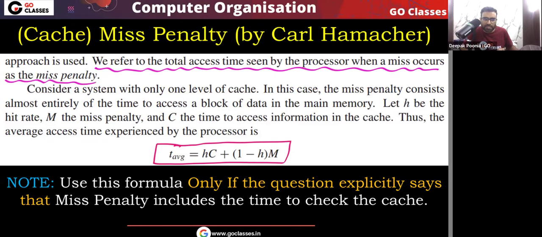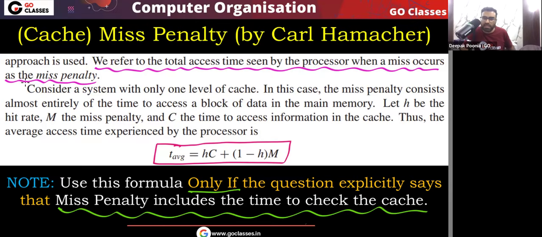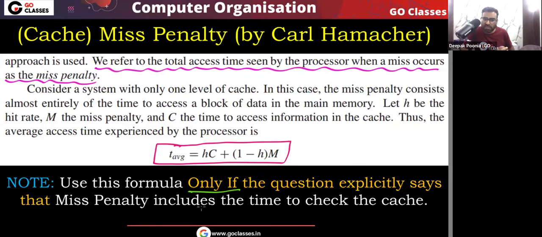And please understand, we will use this formula only if the question explicitly says that miss penalty includes the time to check the cache memory. Remember this note: use this formula only if the question explicitly says so. If this is given in the question explicitly, then you have to use this formula, because now the miss penalty is basically the same as miss time. Okay, very simple.